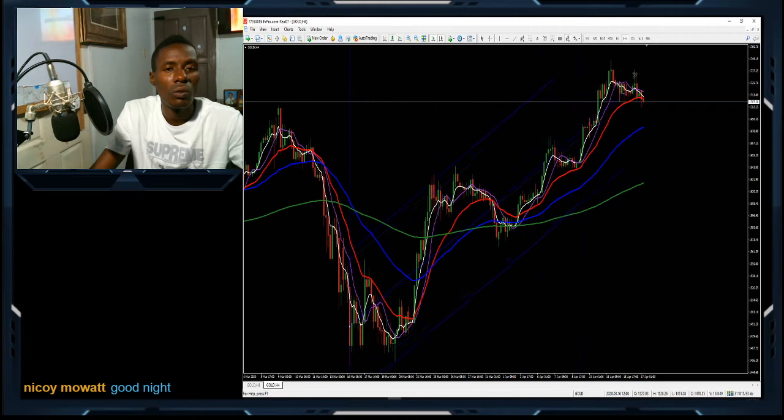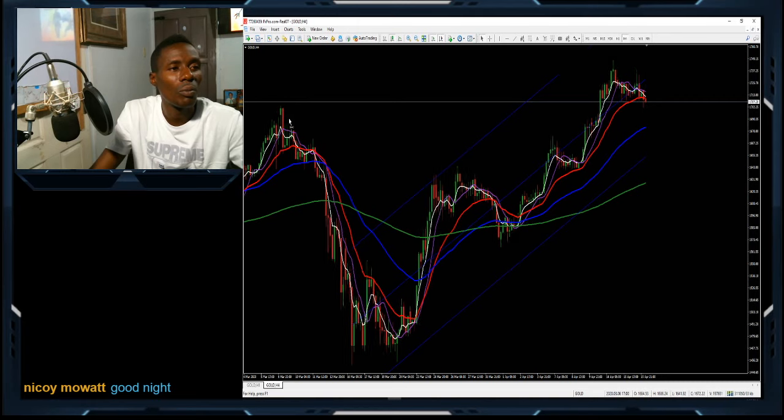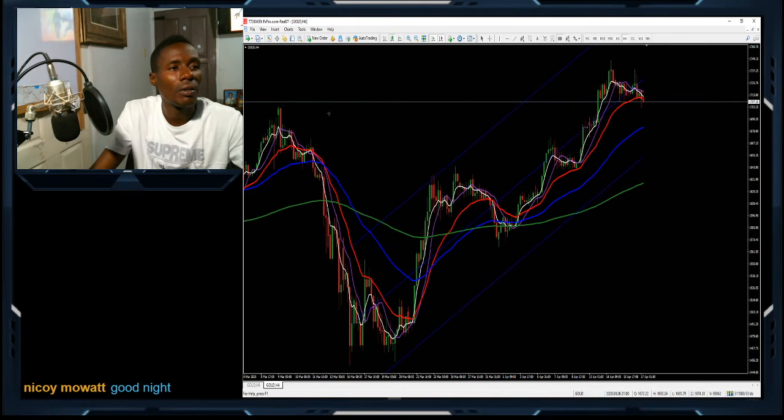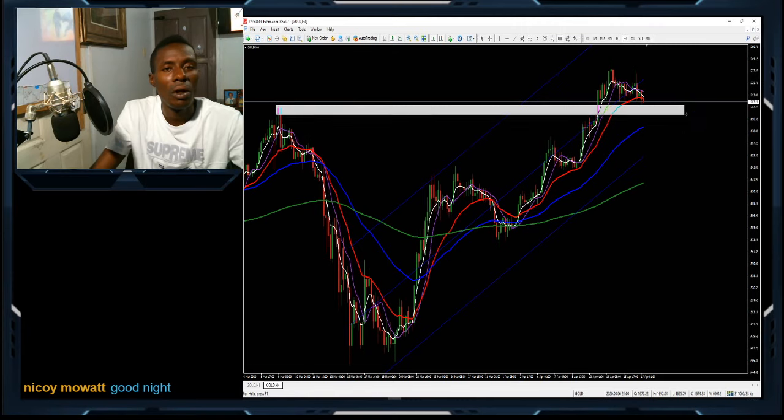We can use the standard deviation right here, right? And as you can see, we are at support right here. We are bouncing on support right there.